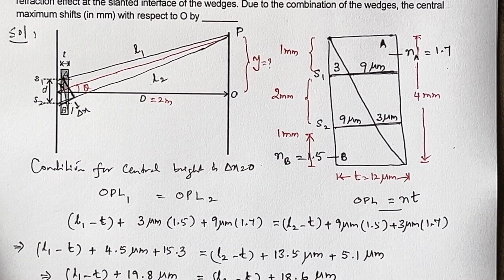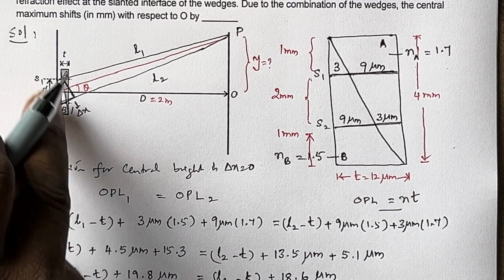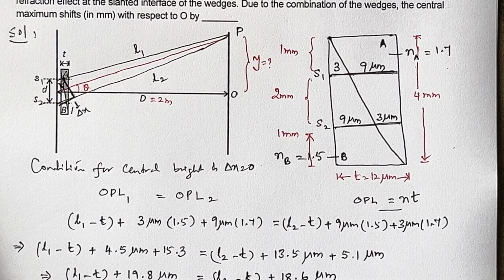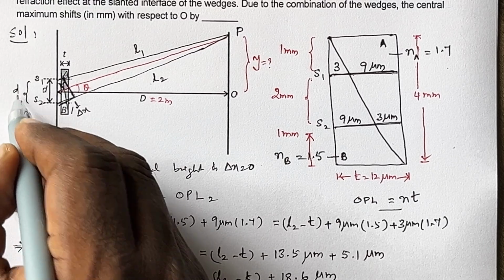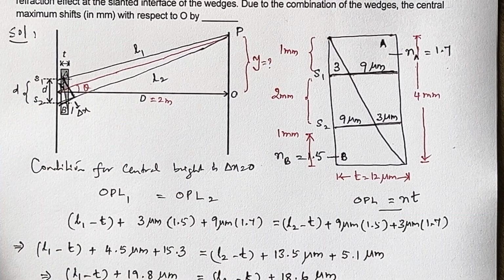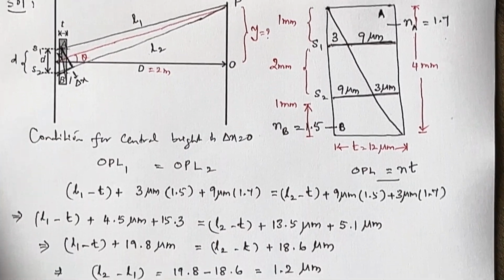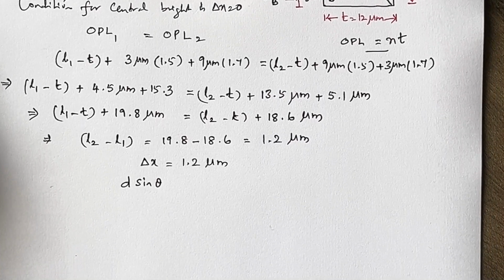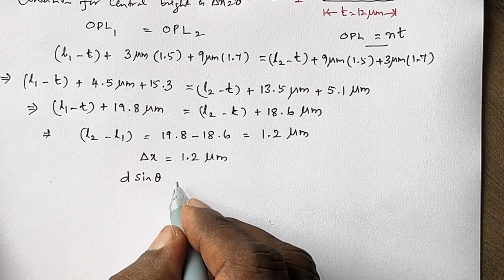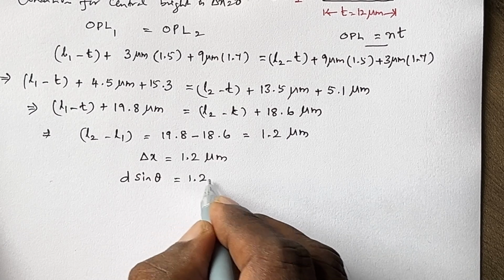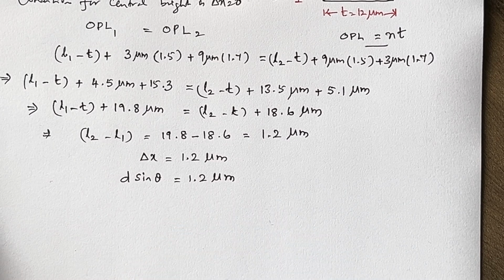So what is the formula for delta x, the path difference here? D sin theta. So D is the distance between the slits. D sin theta, I'll write here. Yes, now it is visible. D sin theta, delta x is equal to 1.2 micrometer.